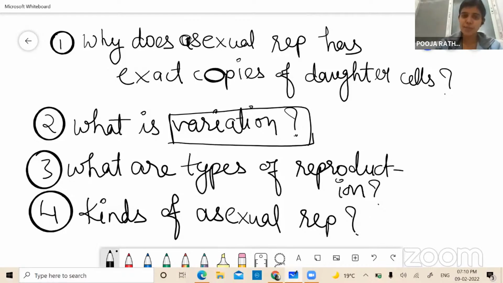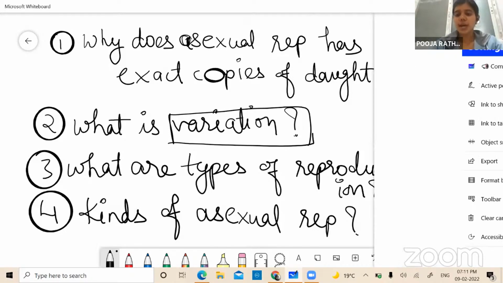They could be fragmentation, in which different body parts or fragments are divided and give rise to a new generation or new daughter cell. Next, it could be regeneration, through which a new generation can be regenerated fully from a small piece or small part of a plant. Next is budding. It is through the outgrowth of a bud which develops over the parent body in order to reproduce asexually. So these are the different kinds of asexual reproduction.